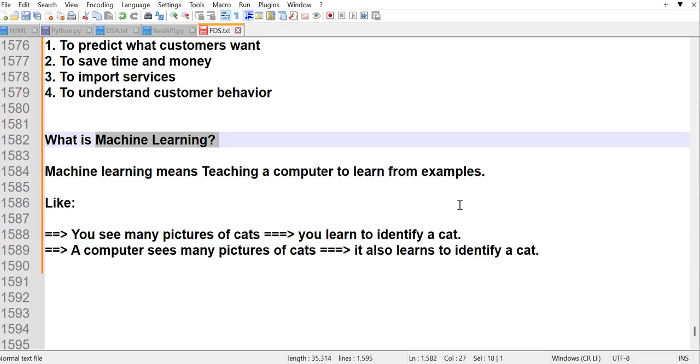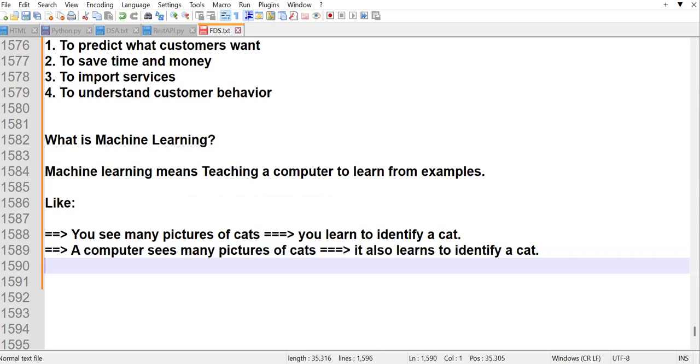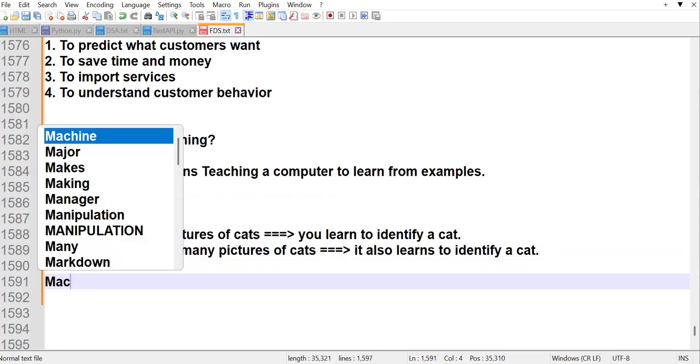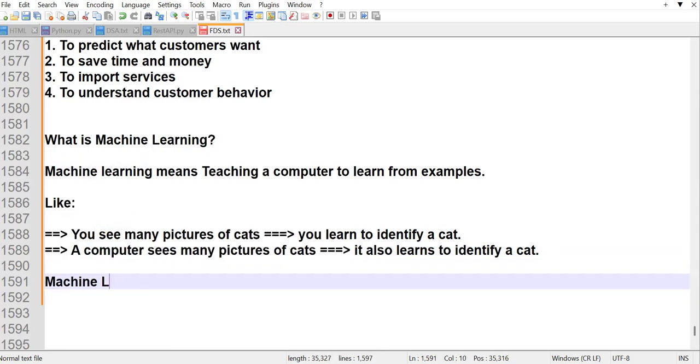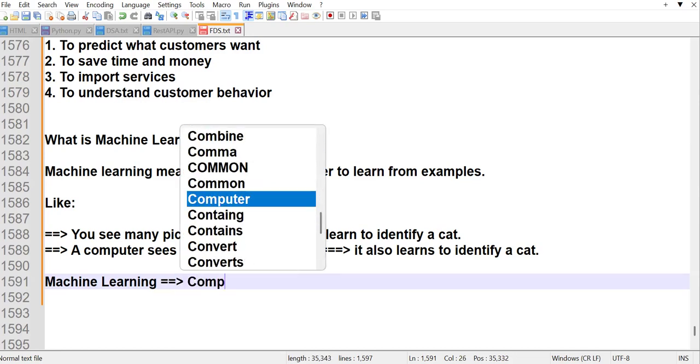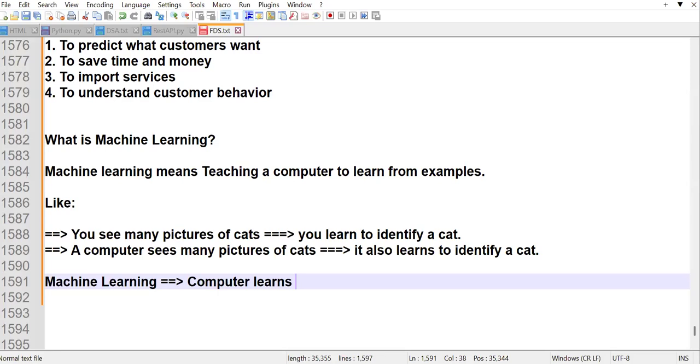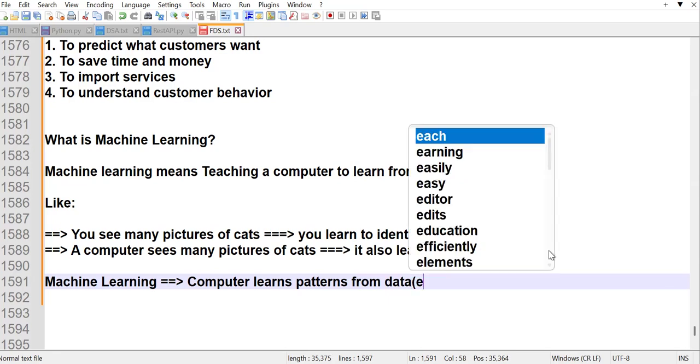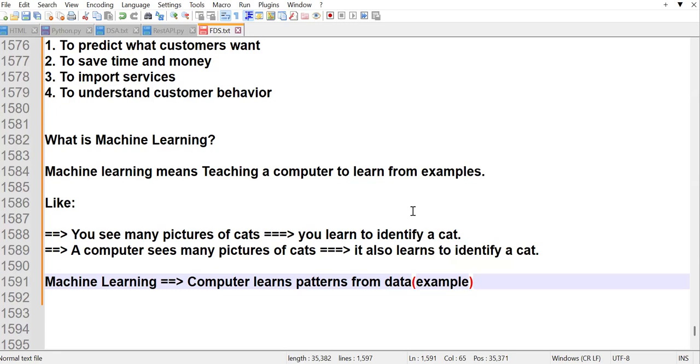In a more simple way you can say, machine learning is: computer learns patterns from data. Here, what is the data?